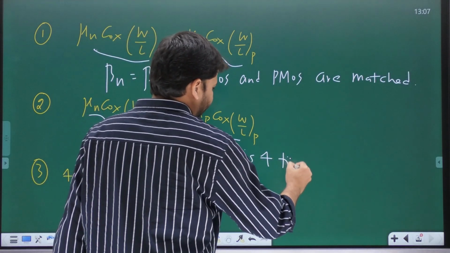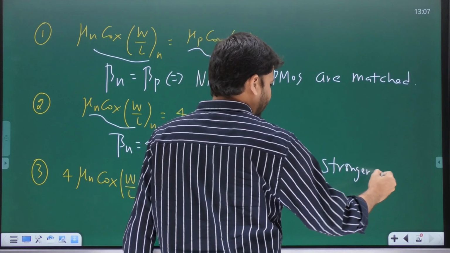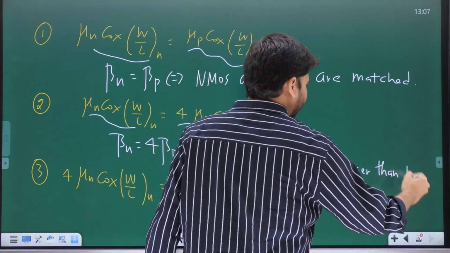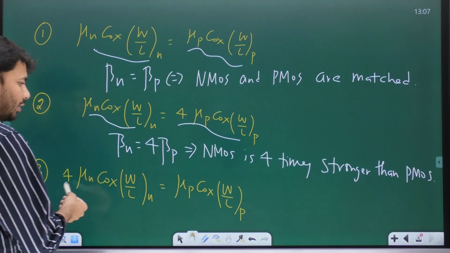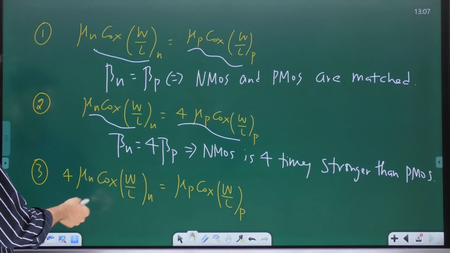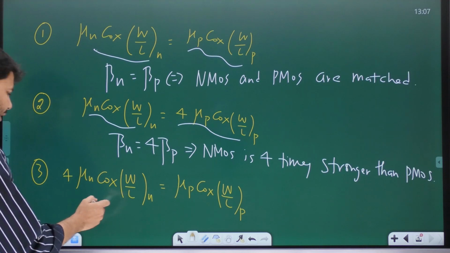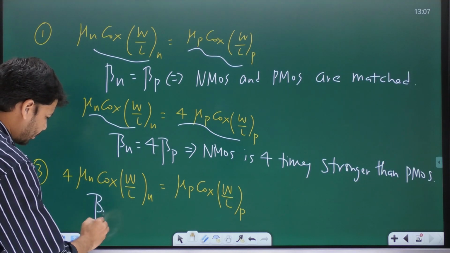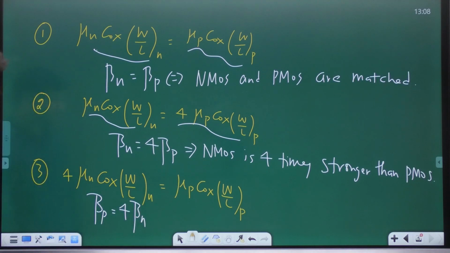NMOS is 4 times stronger than PMOS. And look at the third case, 4 times mu n Cox W by L of NMOS is mu p Cox W by L of PMOS. So is it not like this? Beta p is 4 times beta n.